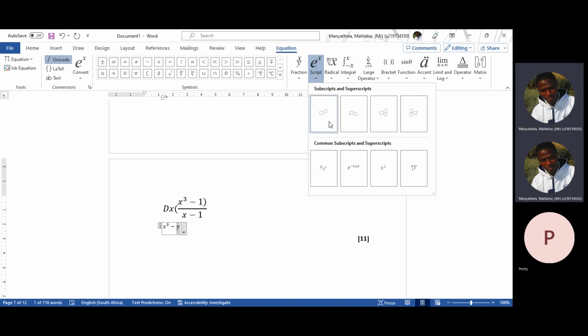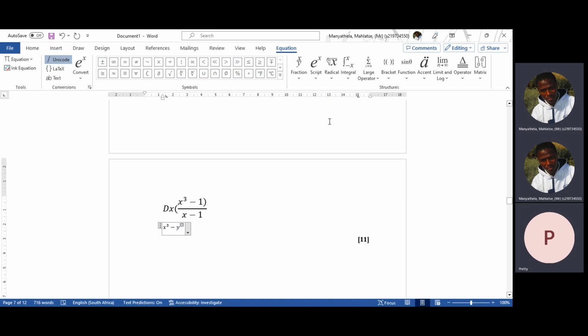If you are given something like x cubed minus y cubed, you're going to open 2 brackets, right?